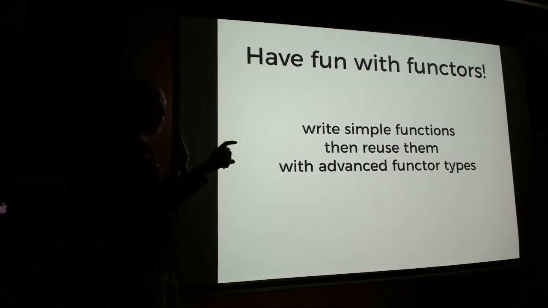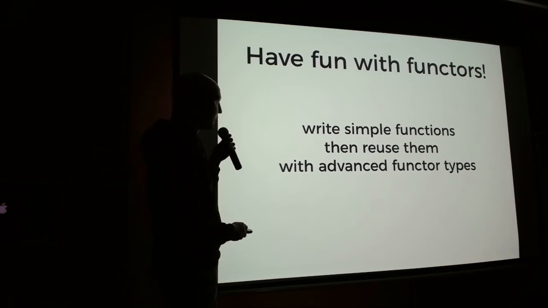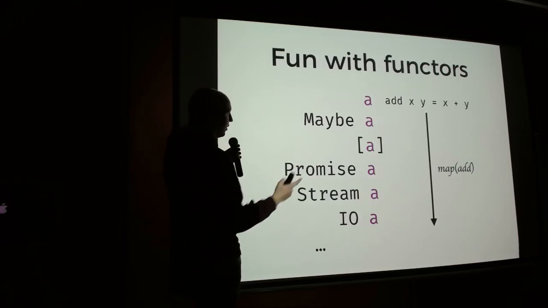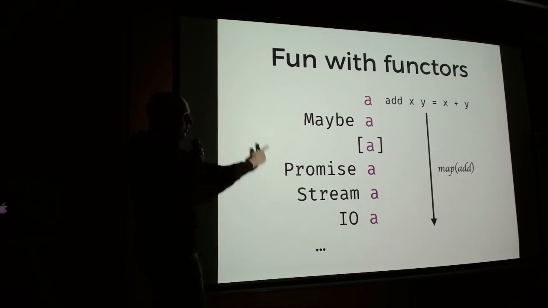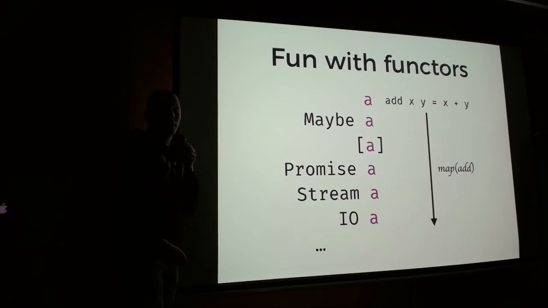You write simple functions. They're pure functions working on simple types. And then you kind of just move, or the right term would be lift them into interesting functors. But so far, we've only seen two functors. The good thing is that you can actually make those functors too. Promises and strings and even input-output with a certain degree of fantasy. And you can define the map function for them.